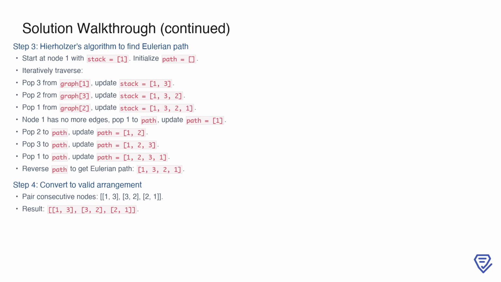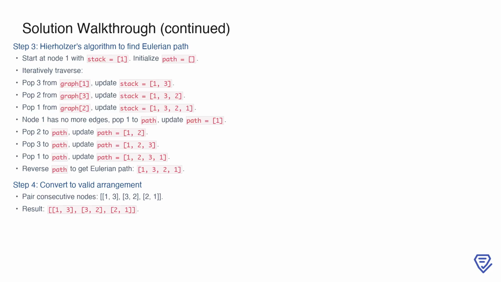Starting at node 1, we initialize the stack with 1 and keep an empty path. From node 1, we pop 3 from its adjacency list and add it to the stack, updating the stack to [1, 3]. From node 3, we pop 2, adding it to the stack, which becomes [1, 3, 2]. From node 2, we pop 1, updating the stack to [1, 3, 2, 1]. At this point, node 1 has no more edges, so we begin backtracking.